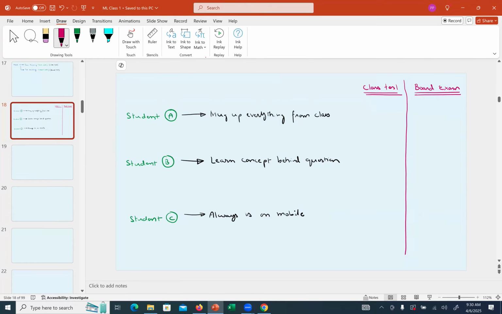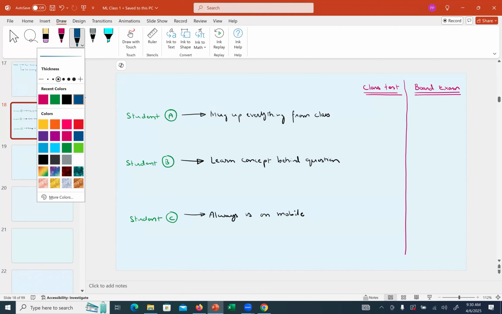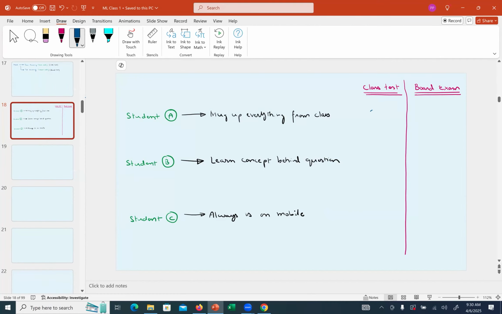Right. Very nice. So let's say if I make a guess, it might look something like this. Let's say for example, in the class test, it might happen that student A has scored, let's say, 98% marks. Student B might have scored a little less, let's say 92%.